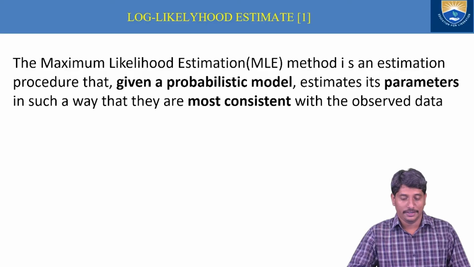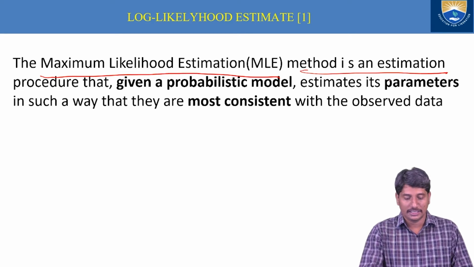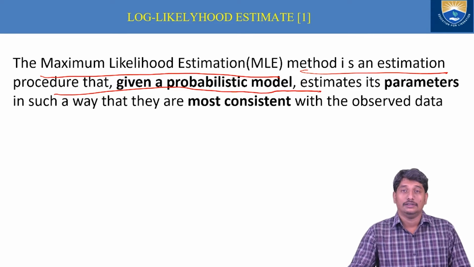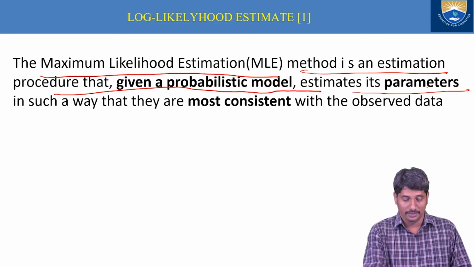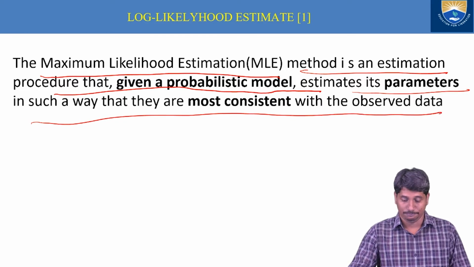So let us recap the maximum likelihood estimation. The maximum likelihood estimation method is an estimation procedure that, given a probabilistic model, estimates its parameters in such a way that they are most consistent with the observed data.